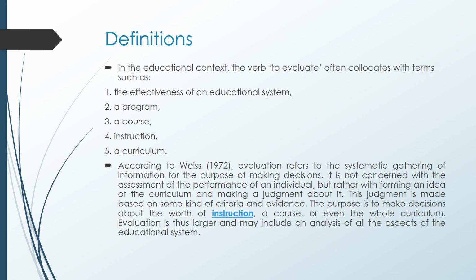So the teacher collects information, and as we said, the information comes from the performance of the students. And the performance of the students, as you remember, and we have said it repeatedly, can take different forms. It can be collected from different techniques. So we collect information. Why? For the purpose of making decisions.